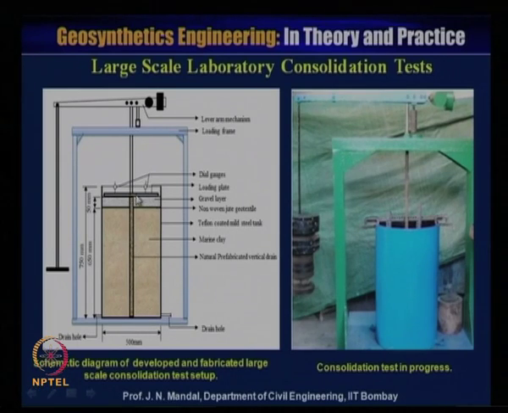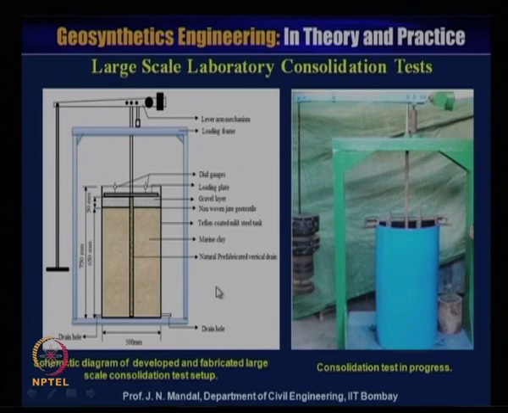Here is the natural prefabricated vertical drain, and here also the drainage system, there is a drain, and at the top of this is the marine clay, and the top of this is provided with a non-woven geotextile material, then the gravel layer, then the loading, and then by the dial gauge reading you are measuring, as you apply the load.